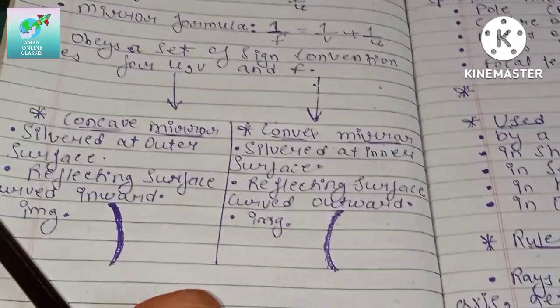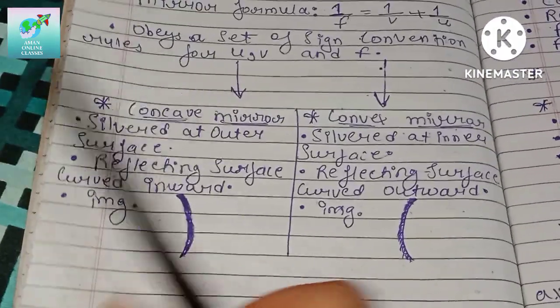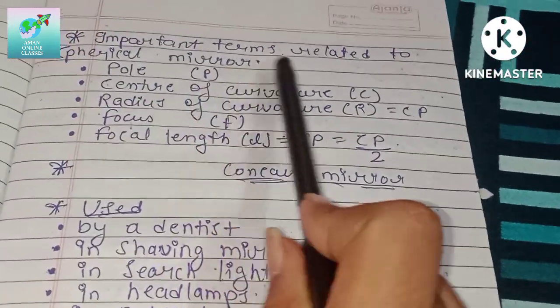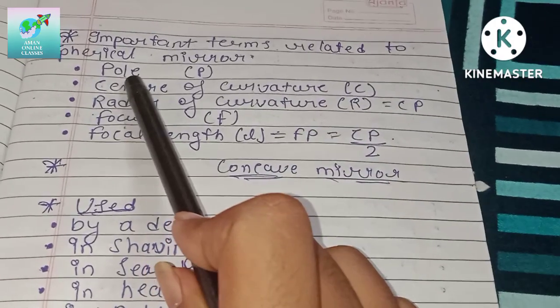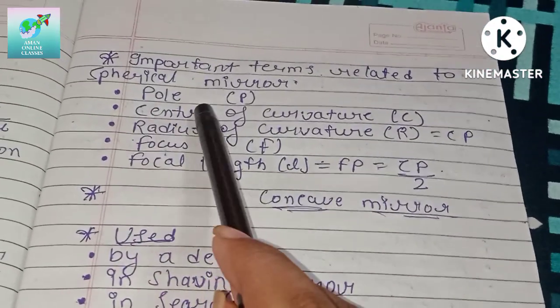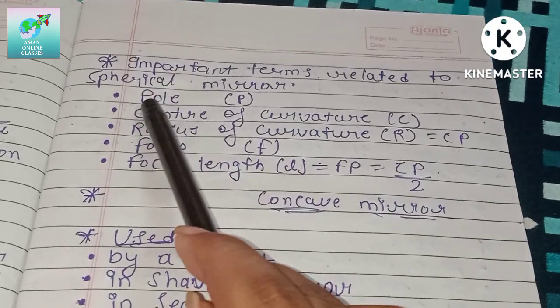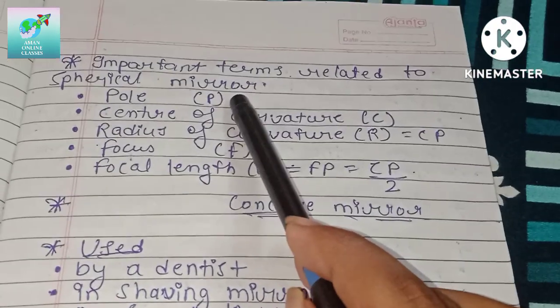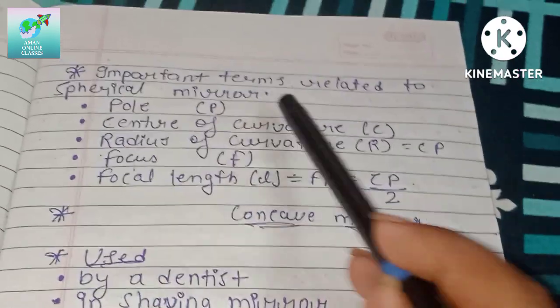Okay, let's move to some important terms related to spherical mirror. Point number 1, P. P is for pole. Do not get confused. P means pole.